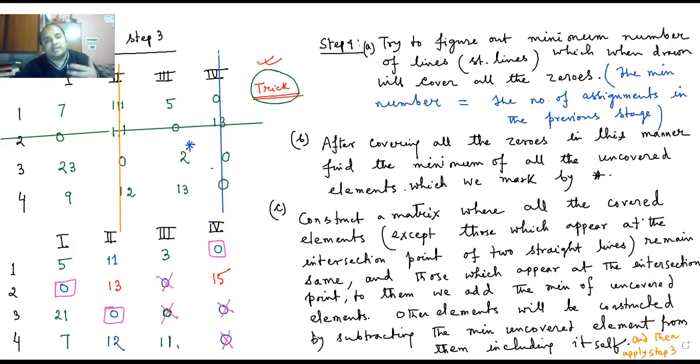So again we have to repeat step number 4, and then again step number 3, and we'll try to bring more zeros into the picture. If I draw the assignment in this manner, you see, subordinate 4 and subordinate tasks 3 has not got any assignment at all. But the number of zeros has increased now. So we have to repeat step number 4 once again, and then step number 3, and then we can check what would happen. Okay, so I'm going to do it quickly on the next page.